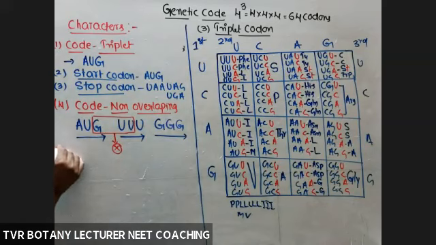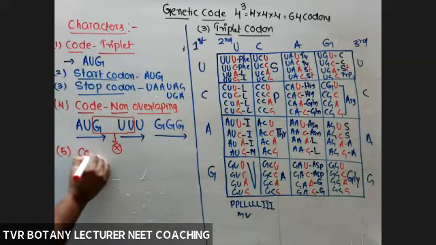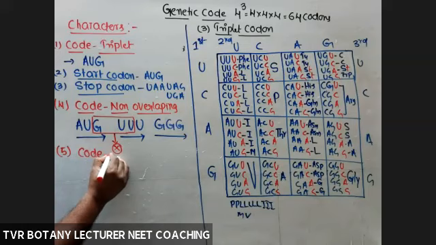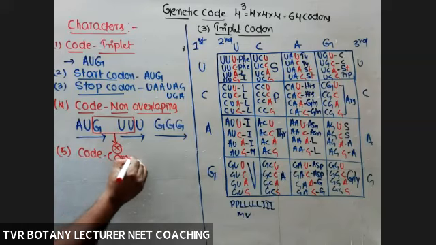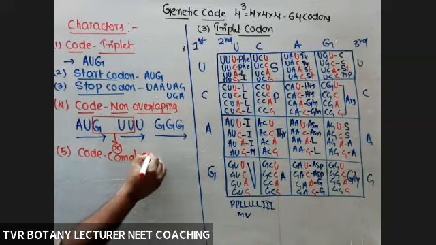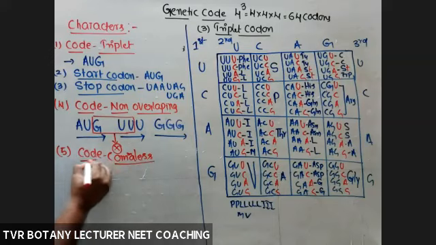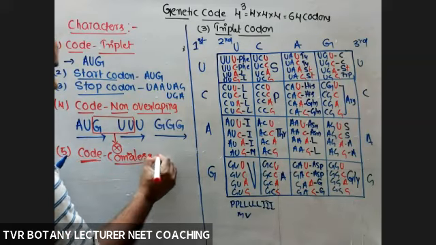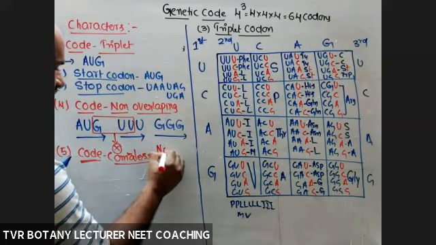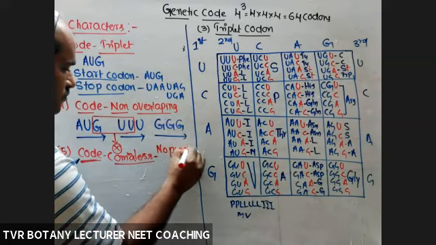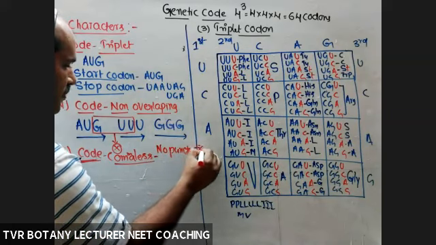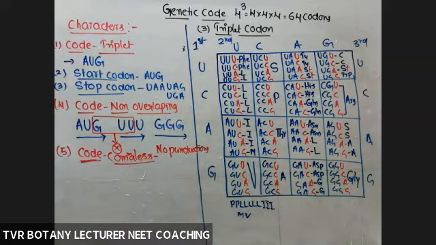Next, code is commaless. Without punctuations. Commaless means no punctuations. No punctuations means no comma, no full stop.